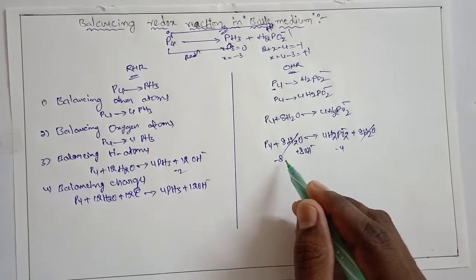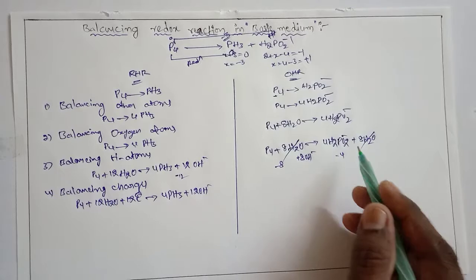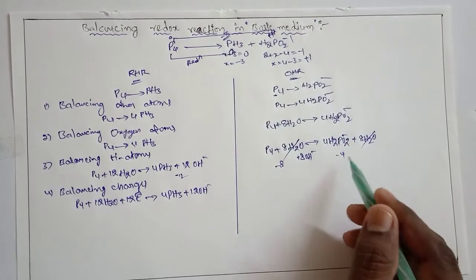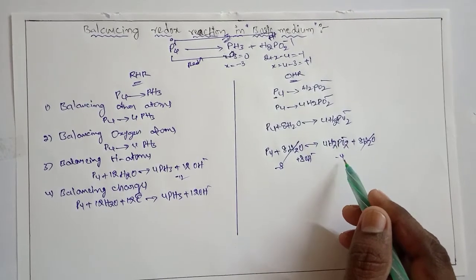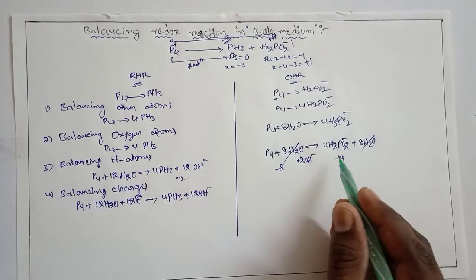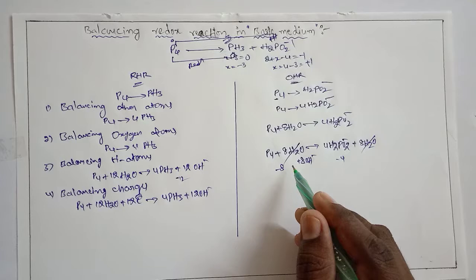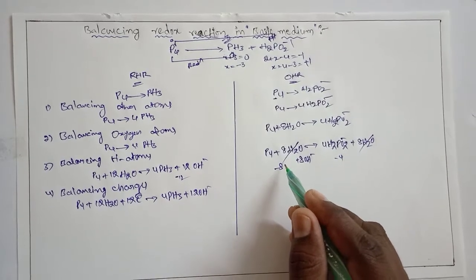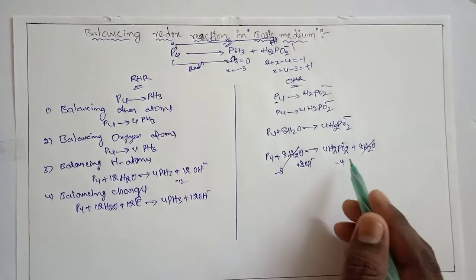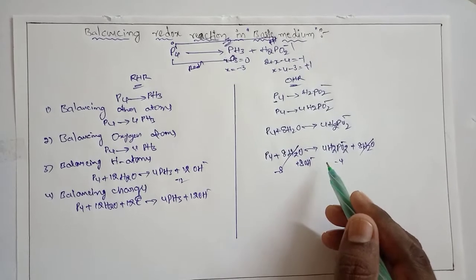On the left side 8 electrons are in excess, on the right side 4 electrons are in excess. The difference is 4 electrons, so we have to add 4 electrons to the right side of the reaction.